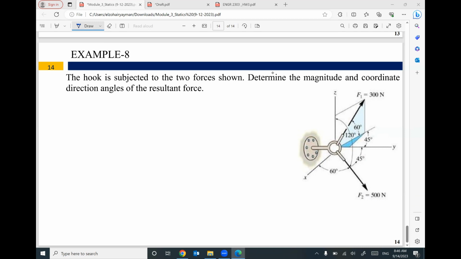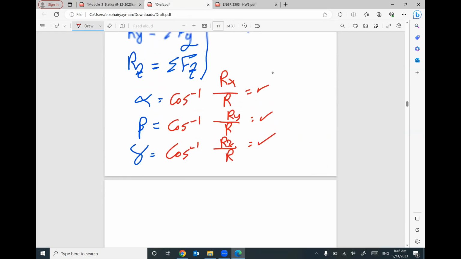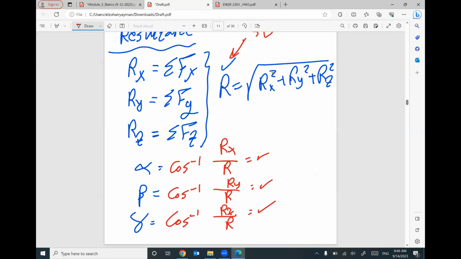We are given forces at this hook, and these forces are in 3 dimensions, X, Y, and Z. We are given 2 forces, F1 and F2, and we are looking to figure out the magnitude and the direction angles for your resultant force. We are looking for the resultant force and its direction, 3 angles.